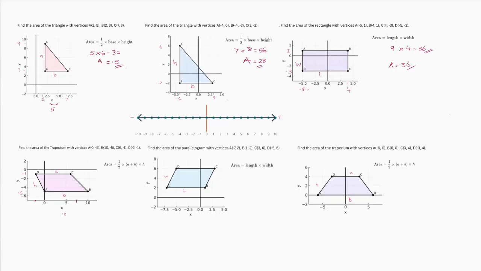So I haven't done the coordinates on this one, so let's have a look. D on our x-axis is -2. And C on our x-axis is 6.